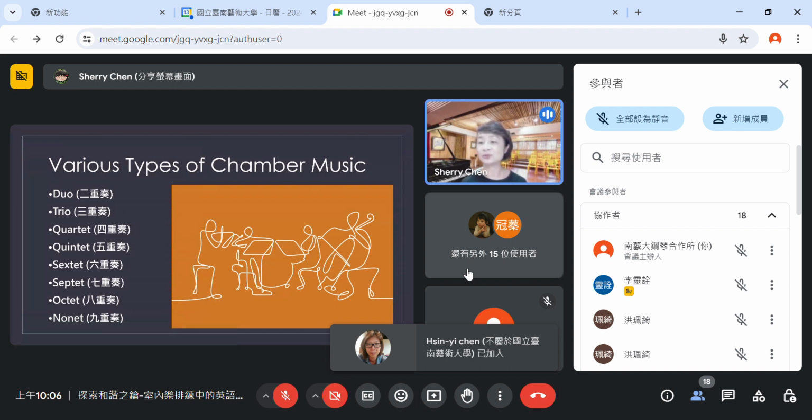好，we're just going to go over some of these musical terms. 我相信大家都已经认识，可是我就是很 quickly 稍微再跟大家介绍一下 various types of chamber music. There's duo, trio, quartet, quintet, sextet, septet, octet, nonet. Nonet 大家比较可能不常听到，其实 octet 八重奏之后 basically we call it chamber music.